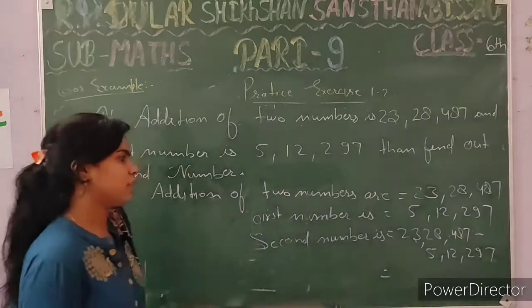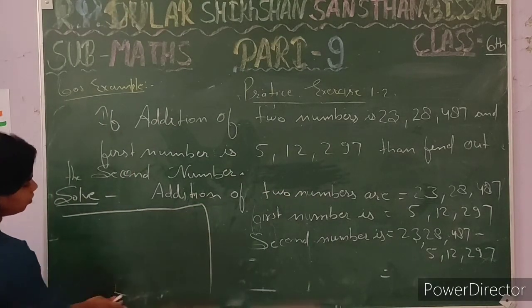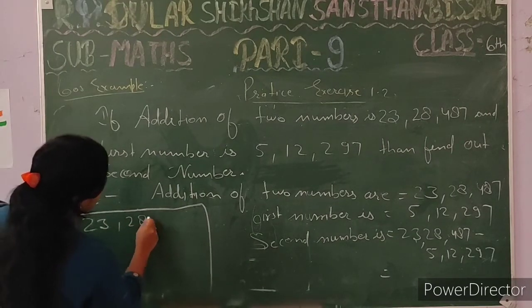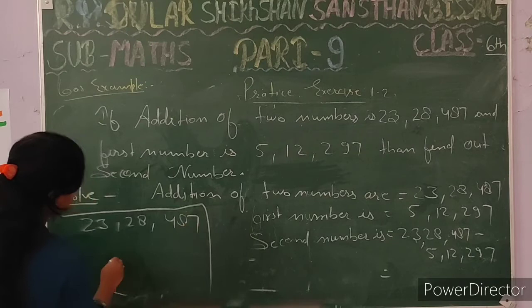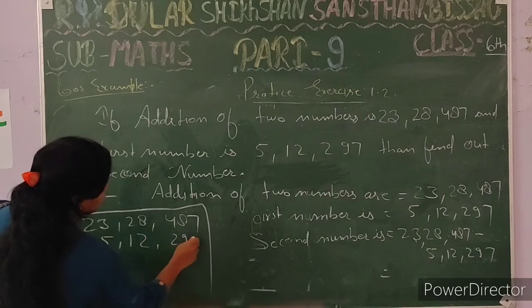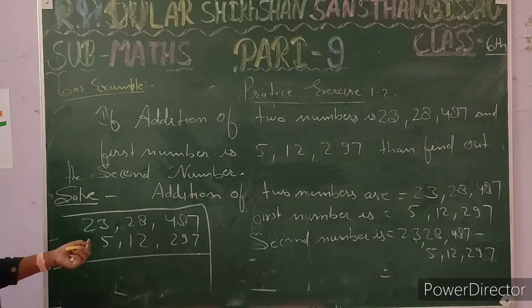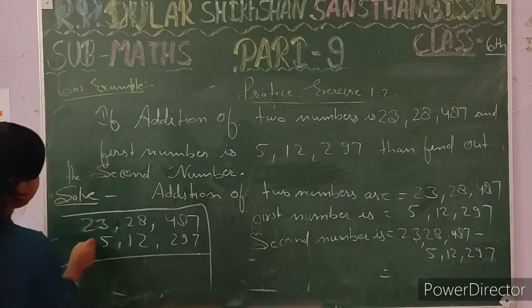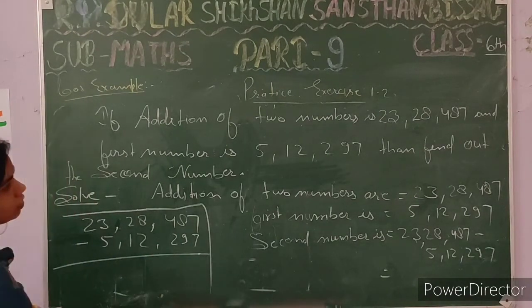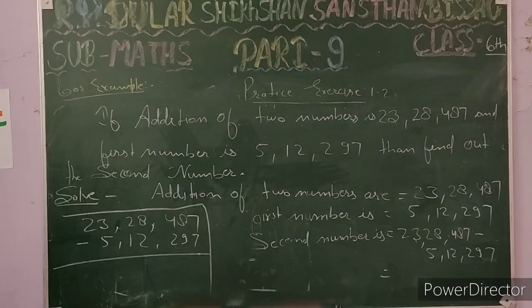When we subtract here, I do the subtraction for your basic knowledge, because you don't do it in this way. Students, I told you in the previous part when we use the comma mark, so don't forget to use the comma mark here. I write the numbers the same way, matching places.